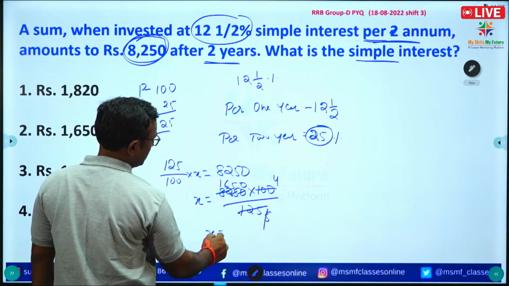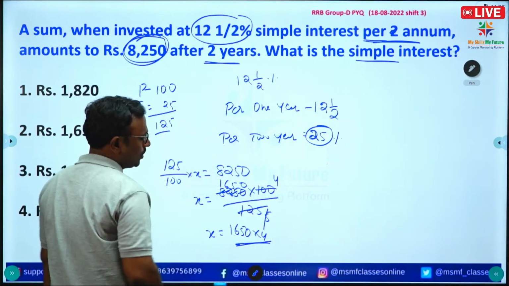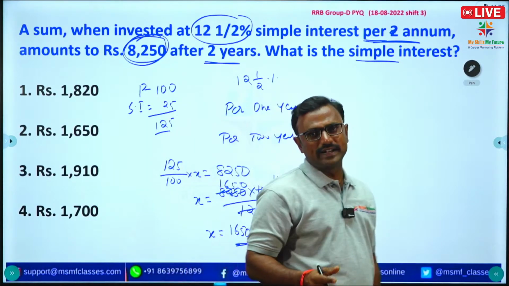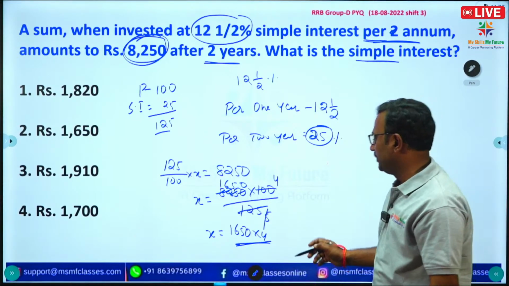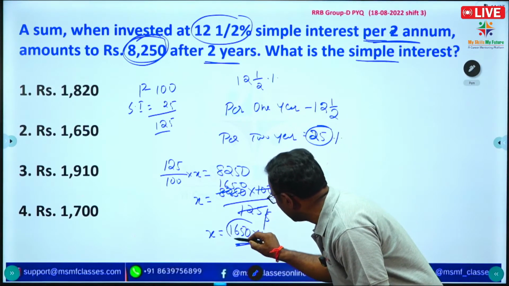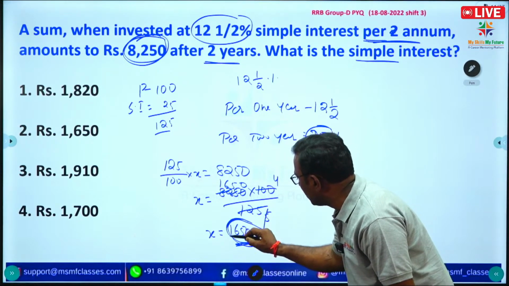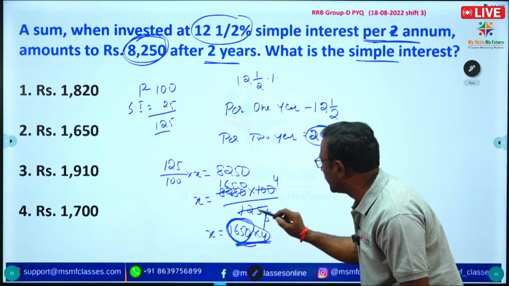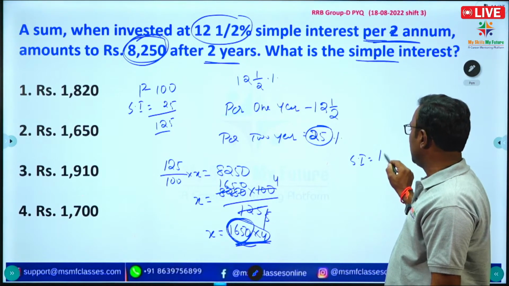So x is equal to 650 into 4. 650 into 4 we get 100% x, and we need to find 25%. There is a simple technique. If we multiply with 4 we get 100%, so the individual value itself is nothing but 25%. So the simple interest is 1650.